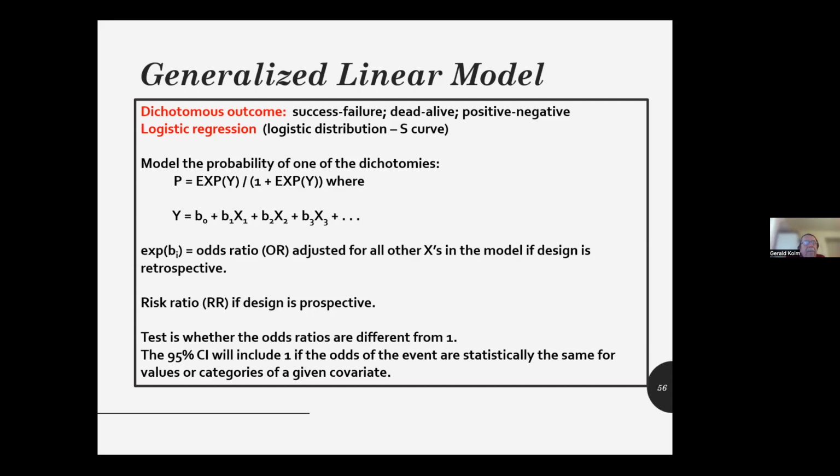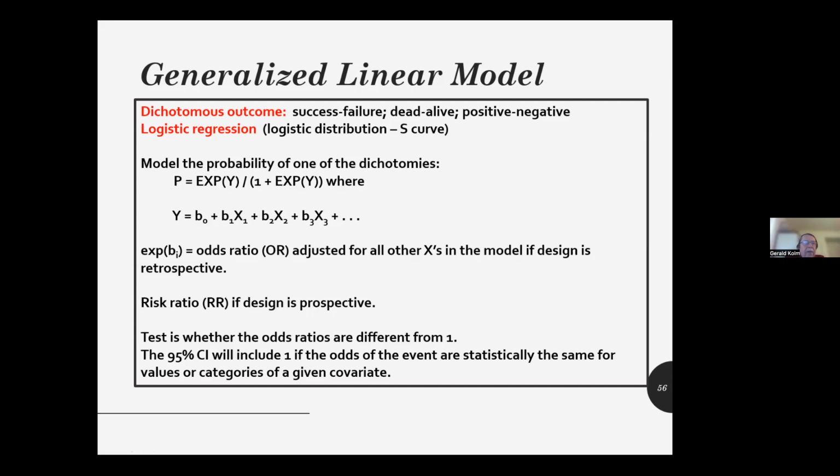The probability is, in this case, the exponentiated y divided by 1 plus the exponentiated y, where y can be either a very simple or a more complex regression equation, just as we had in the linear case, with the same interpretation. When we exponentiate the regression coefficients, we get the odds ratio.